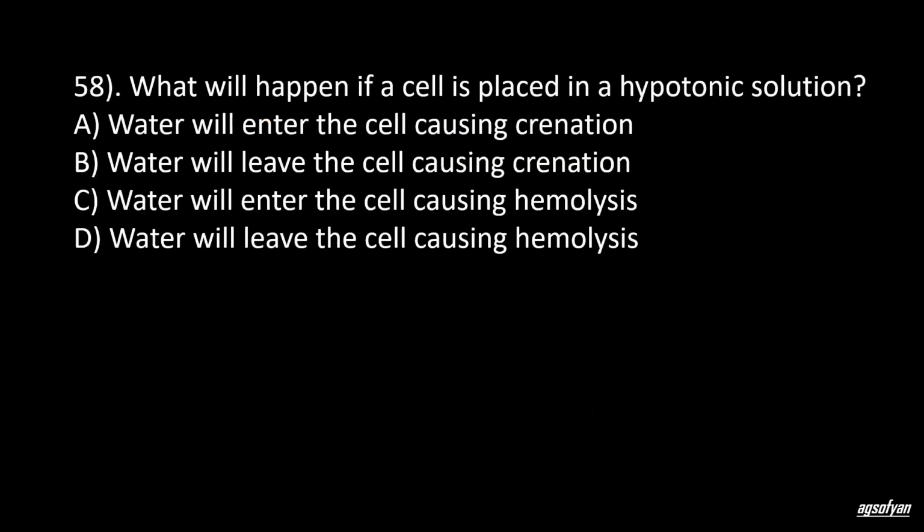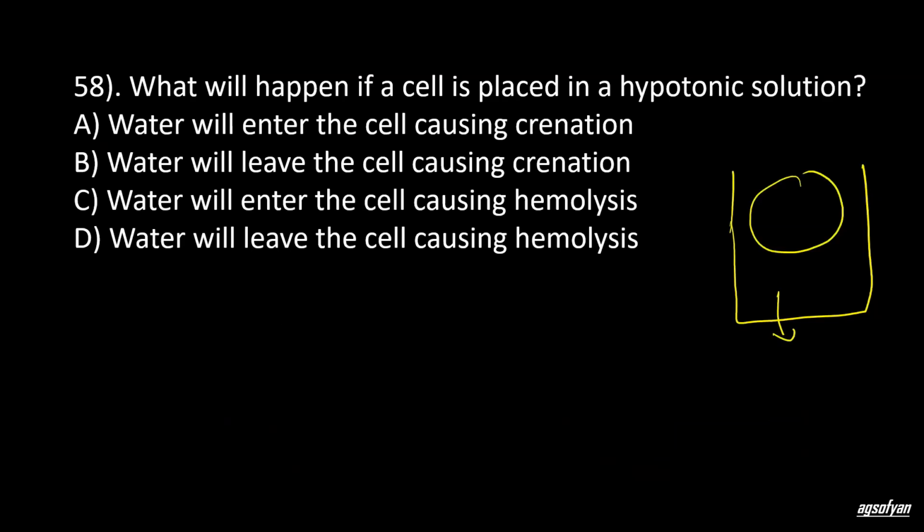What will happen if a cell is placed in a hypotonic solution? Water will enter the cell, causing crenation. Water will leave the cell, causing crenation. Water will enter the cell, causing hemolysis, or water will leave the cell, causing hemolysis. If it is a hypotonic solution, that solution will have lower concentration compared to the cell.